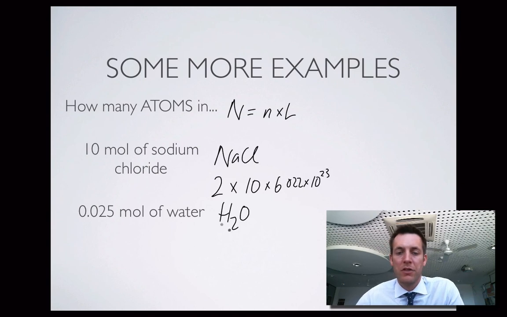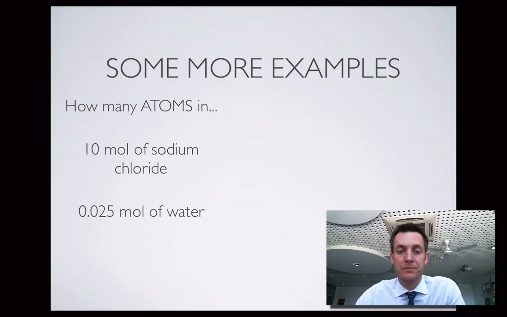And in this case, I've got 3 atoms in one particle, so 3 times 0.025 times 6 times 10 to the 23. I've just rounded that there. And all these things can be done on your calculator. So remember, if you're asked about atoms in a substance rather than particles, be a little bit careful because there might be more than one atom in a particle.